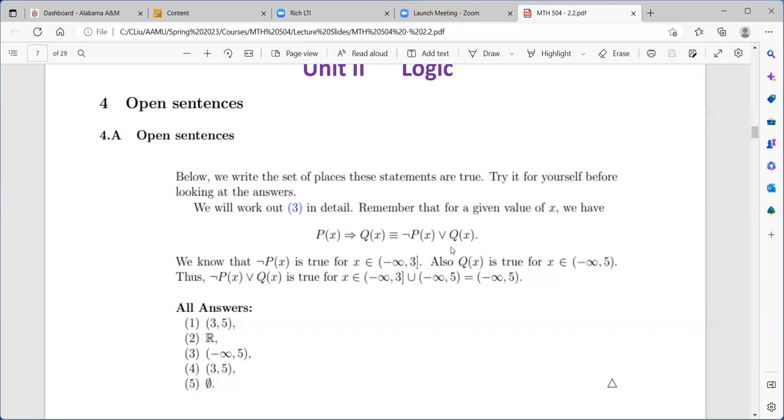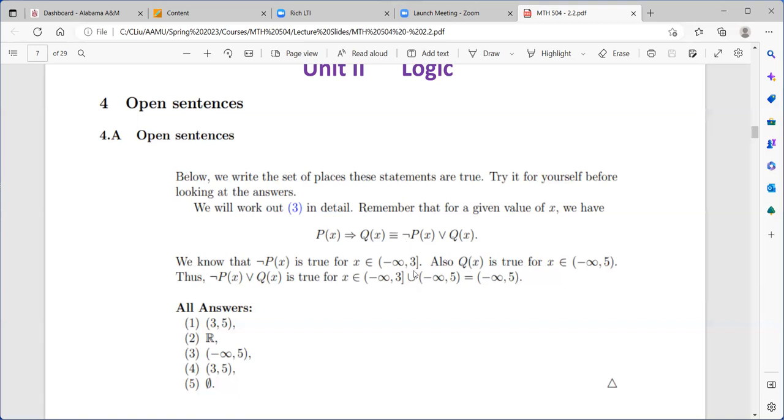So then, either x is from negative infinity to 3 or from negative infinity to 5, then the compound open sentence becomes a statement. If you take a value from each of those intervals, then the compound statement is true. Okay.